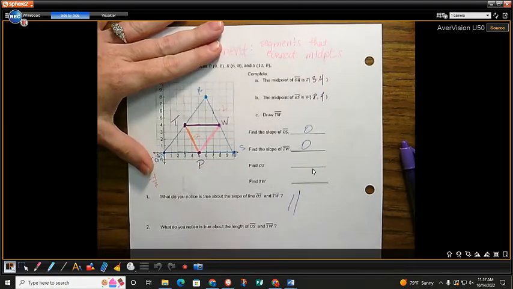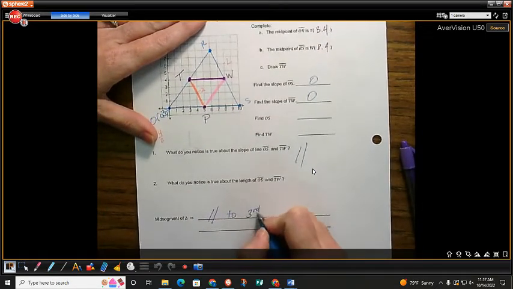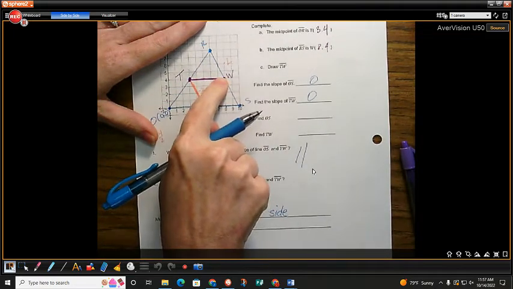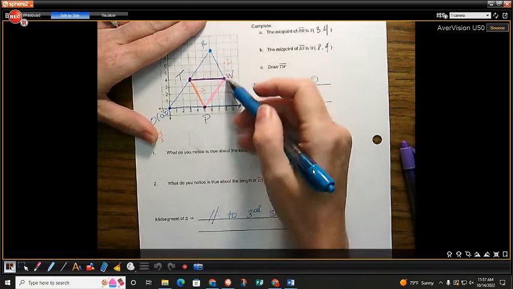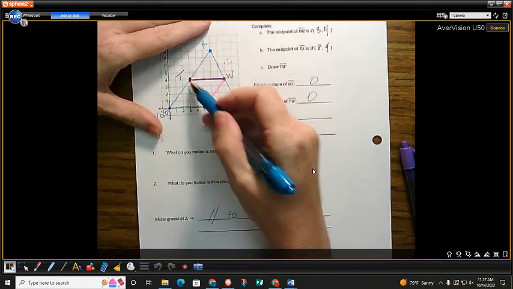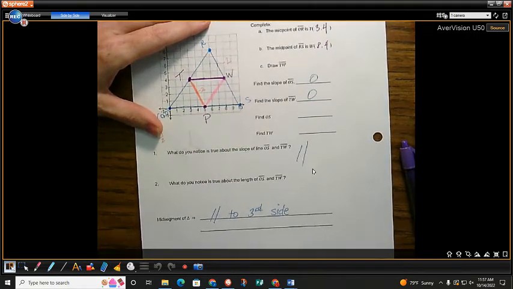And a mid-segment, you just discovered, is always going to be parallel to the third side of the triangle. This one connects two midpoints, it's parallel to the third. The orange one connects midpoints, it's parallel to the third. Pretty cool, right?